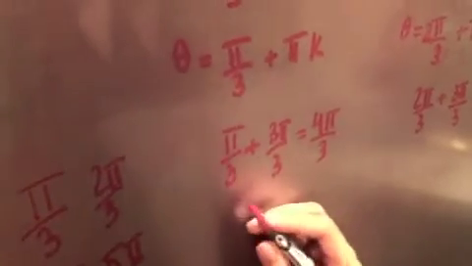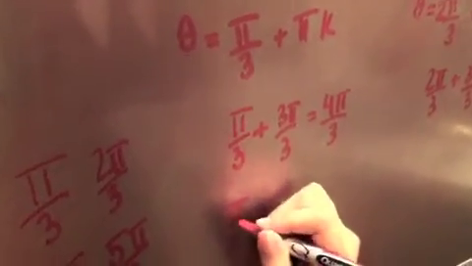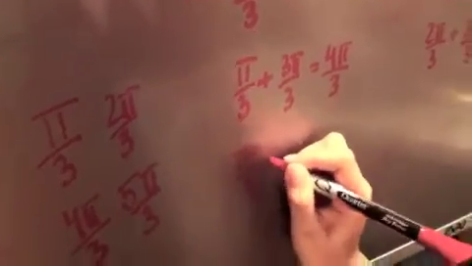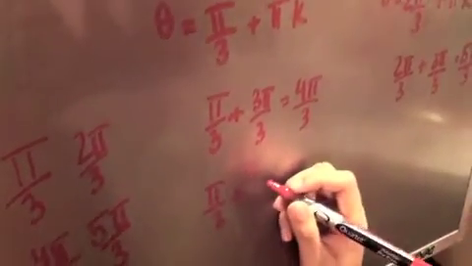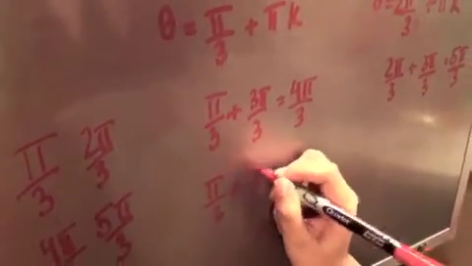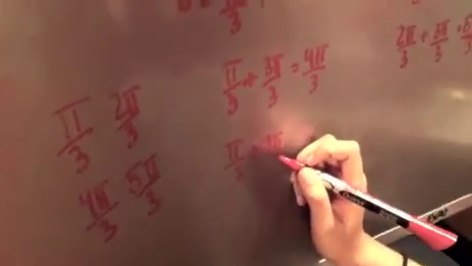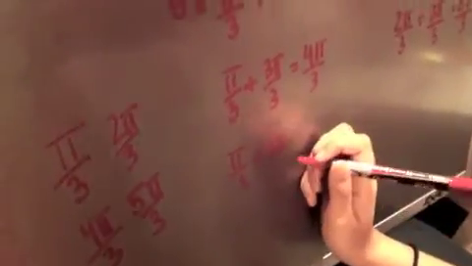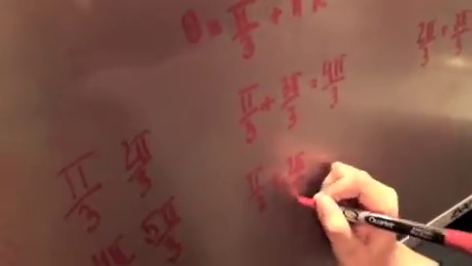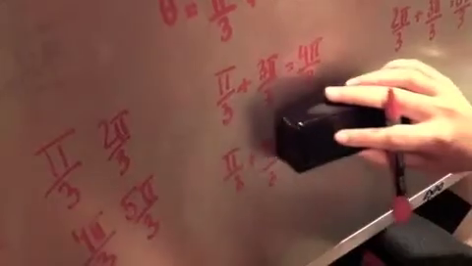and let's move back to this equation and try plugging in 2 for k. So that would be pi over 3 plus 2 pi, but if we want the common denominators, that would be the whole thing times 3, so it would be over 3, and 2 times 3 equals 6.